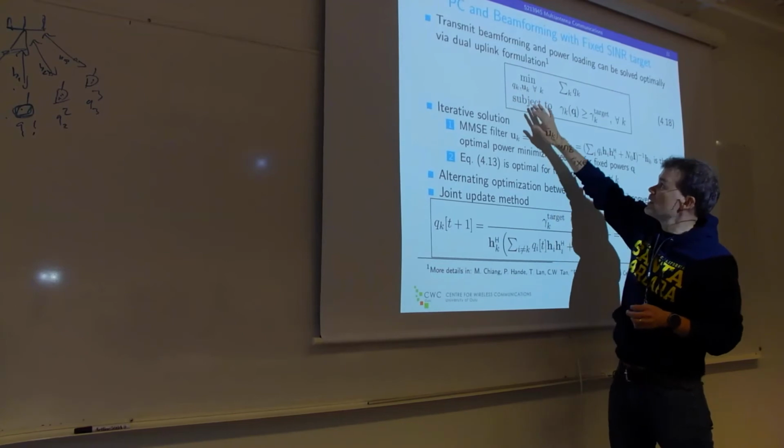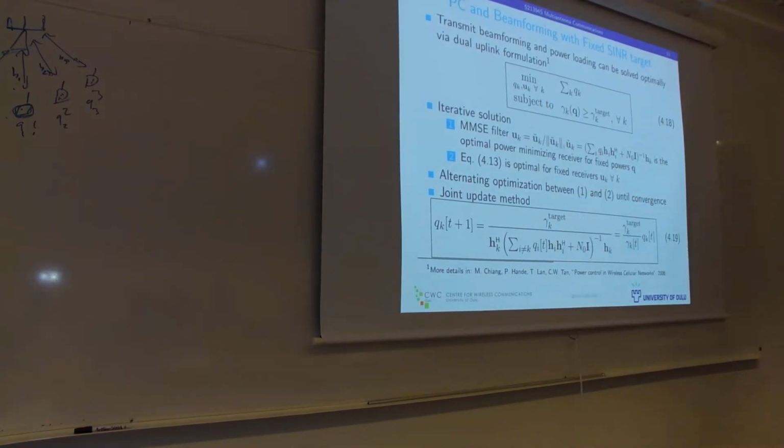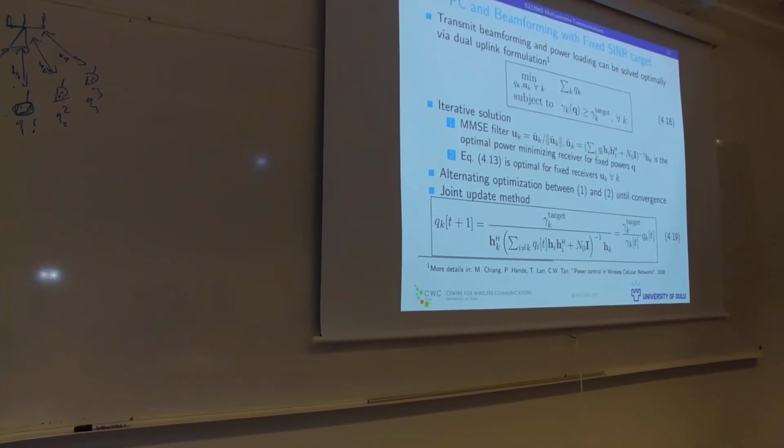Now, typically, when you have two sets of variables, one approach to solve it is to use alternating optimization, right? You fix one, optimize the other, fix the other, optimize. You alternate between optimizing variable set 1 and variable set 2, right?